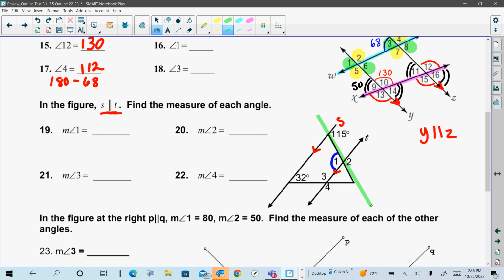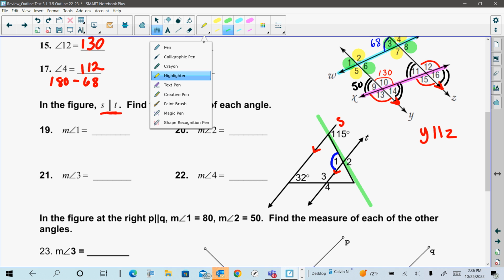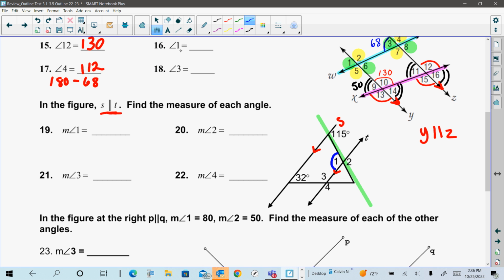And hopefully you see now that if I'm using that transversal, 1 and this angle 115 are alternate interior. So that means they're congruent.